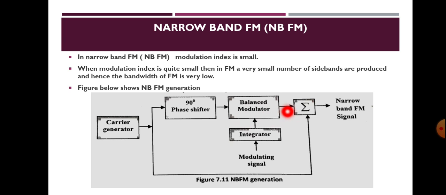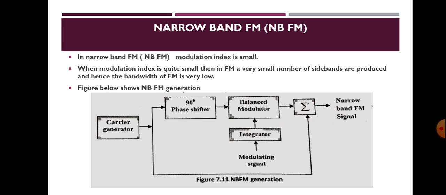To this double sideband suppressed carrier signal, a carrier signal is directly applied in this manner. So, at this summer, the DSB-SC signal will be added to this carrier signal and will produce a narrow band FM signal. In the case of FM signal, there will be a larger number of sidebands, but since here we are using a balanced modulator, it will produce only two sidebands, that is upper and lower sideband.